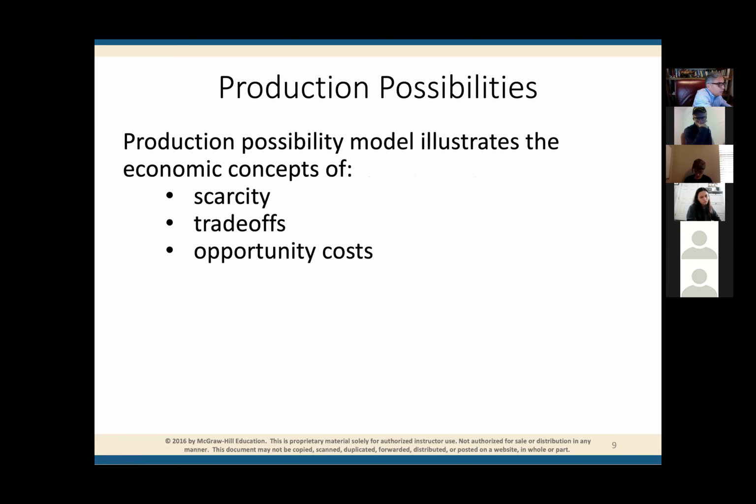Let me move into this other computer. And let me explain this concept of opportunity cost.